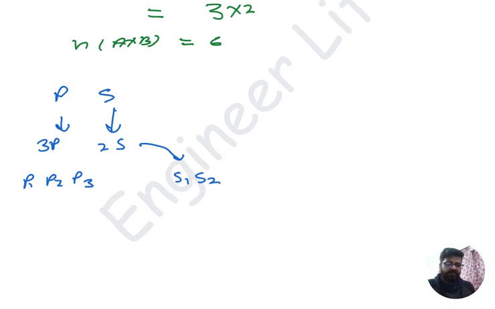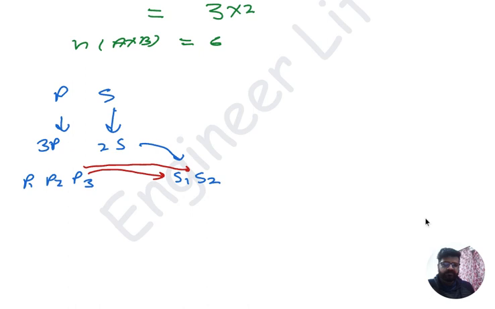So how many pairs or how many combinations can you make? You can put on the P3 pant with the S1 shirt or the S2 shirt. So these are the two combinations.